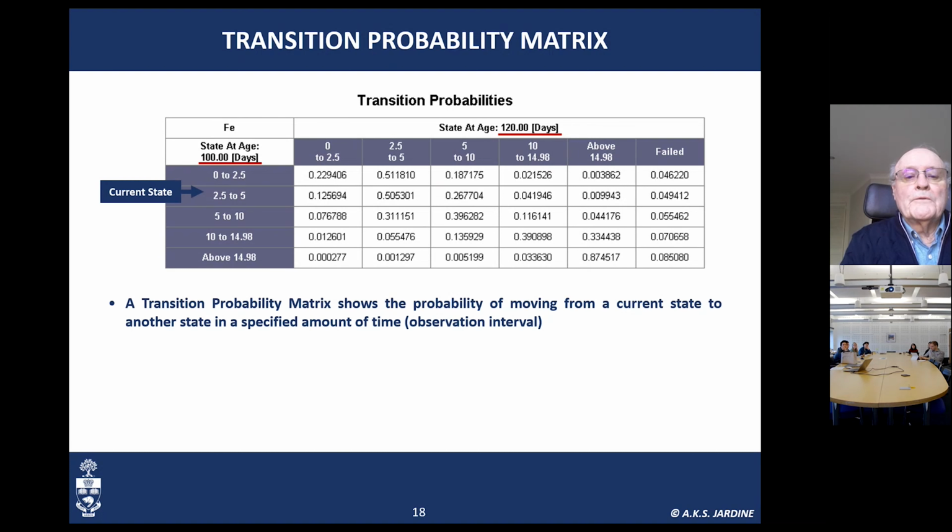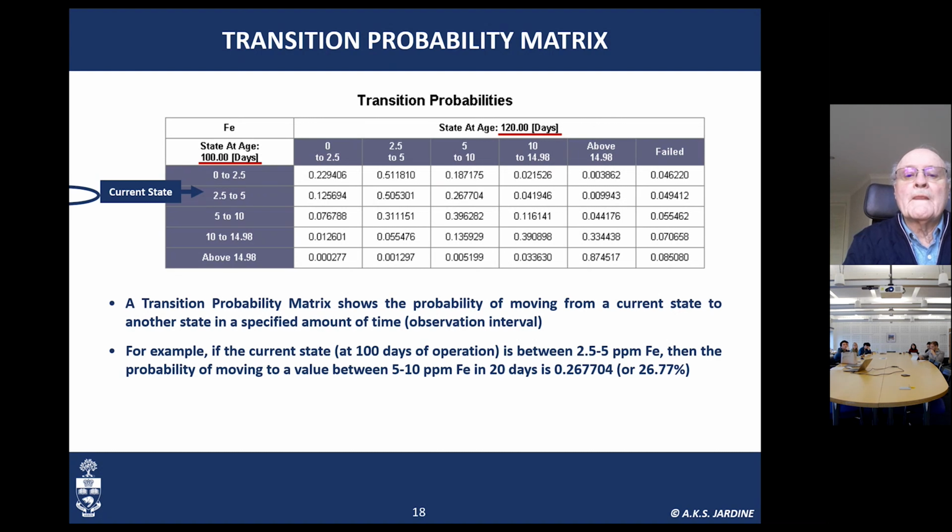If today, for example, your measurement of iron is between 2.5 and 5 parts per million, then between today and 100 days from today, there's a 26.7% chance that it stays the same.